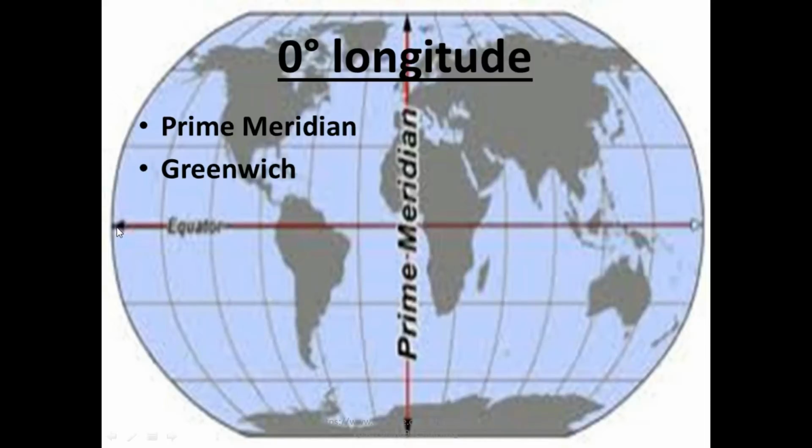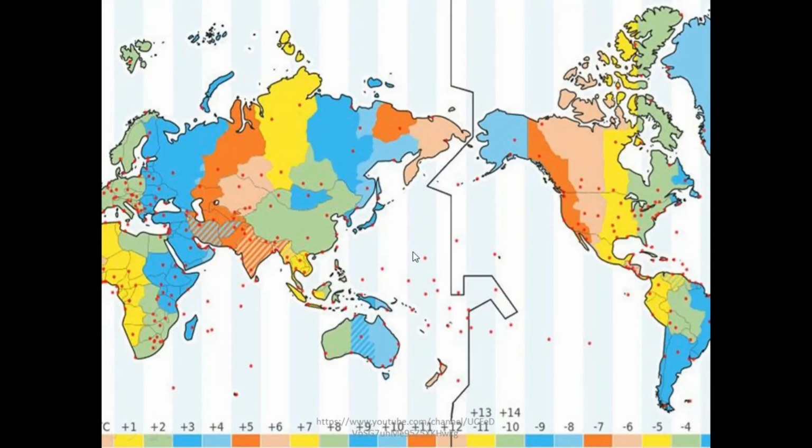It is a 2D picture, and if we count like that, both the 180 degrees will meet, because it is a circle. 180 plus 180 is 360, the circle will complete. The place where the 180 degrees meet is nothing but the international dateline.